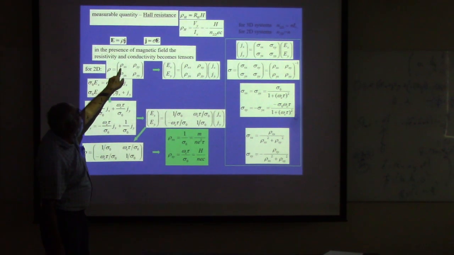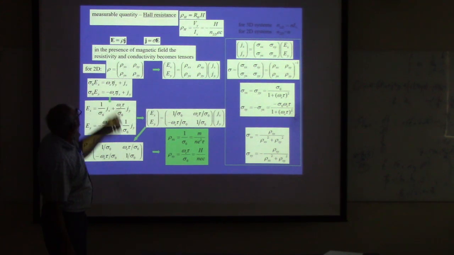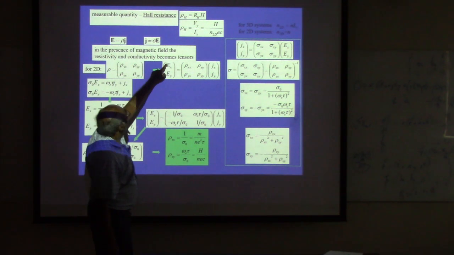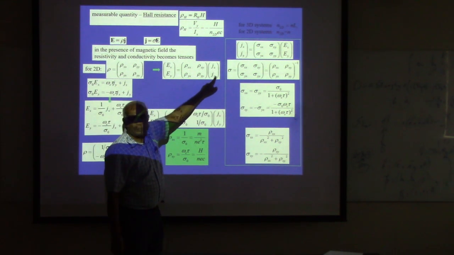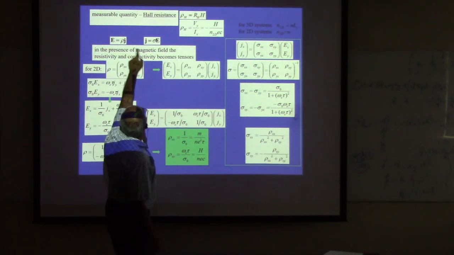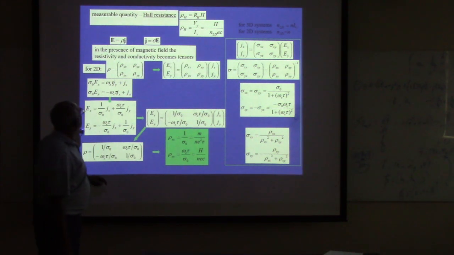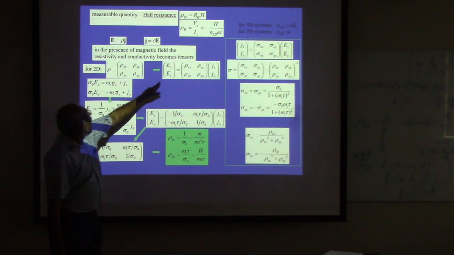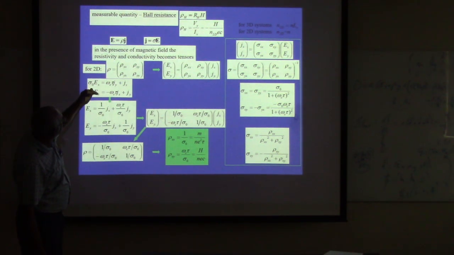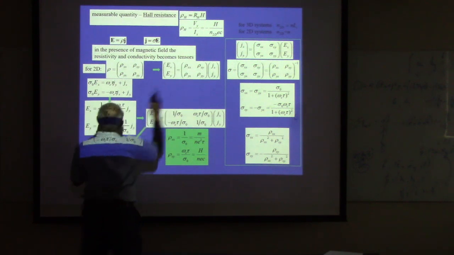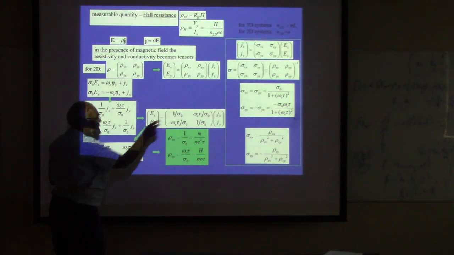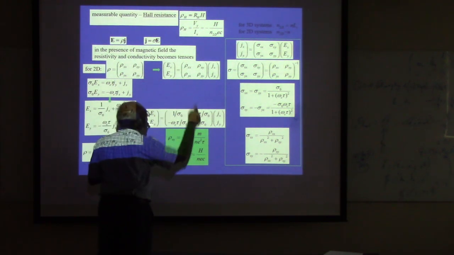Then you can write E this way, where rho is a tensor now. We also know how to get Ex and Ey from here, and this function is rho xy.